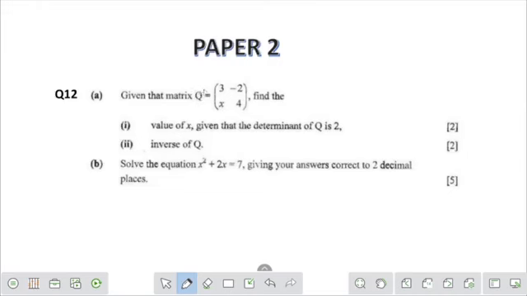So we are going to assume that we are finding the determinant of this matrix. So how do you find the determinant of the matrix? You find the product of the major diagonal elements, then minus the product of the trailing diagonal elements. So we are going to say 3 times 4, it's a 12.